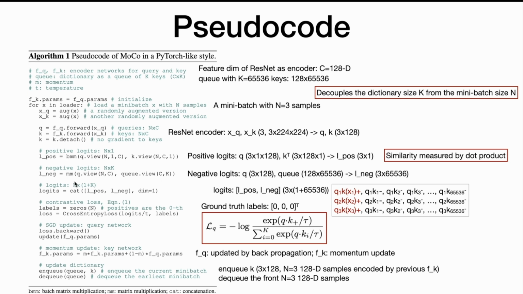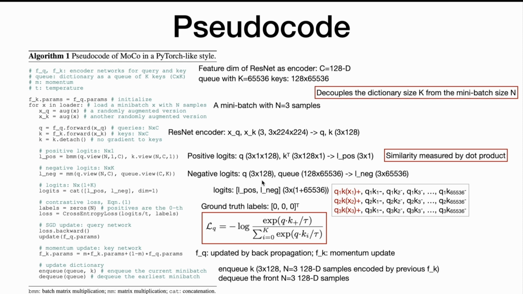Similarly, we can calculate negative logits, which is a matrix multiplication between the query and all of the negative keys in the queue. The query is the same 128-dimensional vector. Then the queue, we keep a large number of negative keys in this queue.